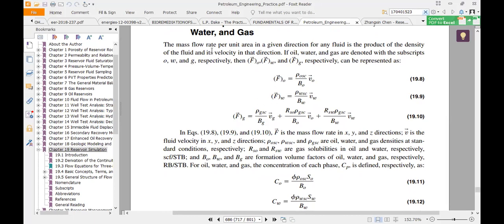The mass flow rate per unit area in a given direction for any fluid is the product of the density of the fluid and its velocity.